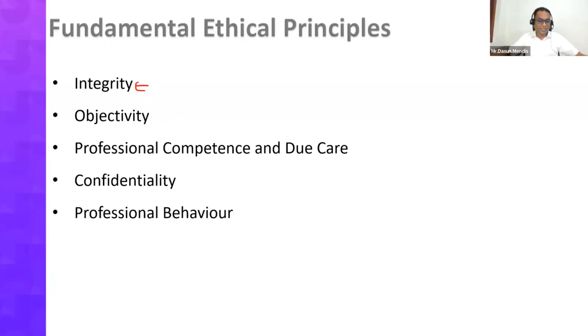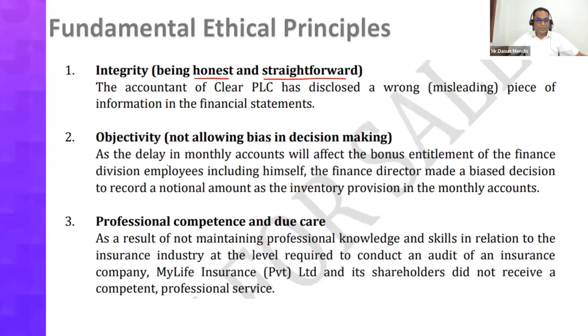So basically, in the second scenario, which one out of the five fundamental principles has been affected? Objectivity. Objectivity means you should not allow any bias when you make judgment decisions.